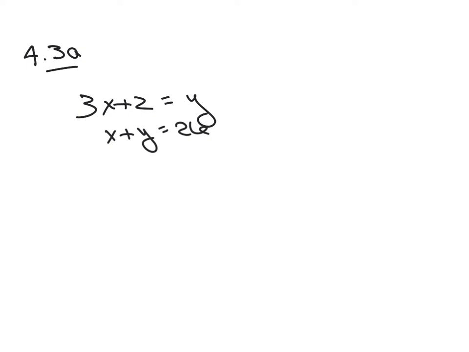So what I think I would probably end up doing is substitution instead of the addition, because this top equation is set up as equal to y. So that means when I look at this equation, whenever I see a y, I can put the 3x plus 2 in its place.